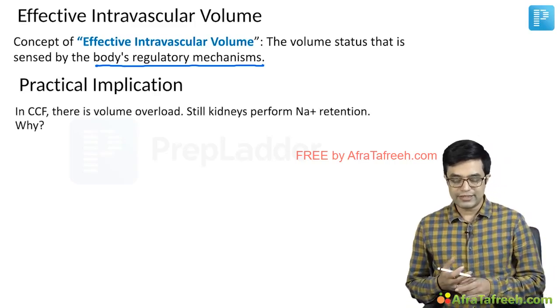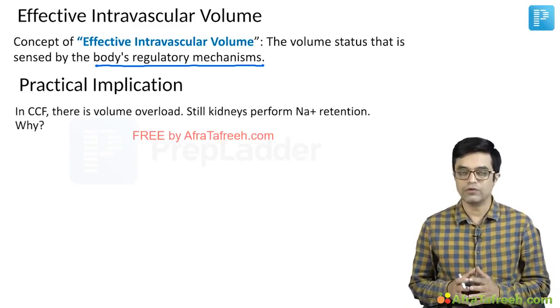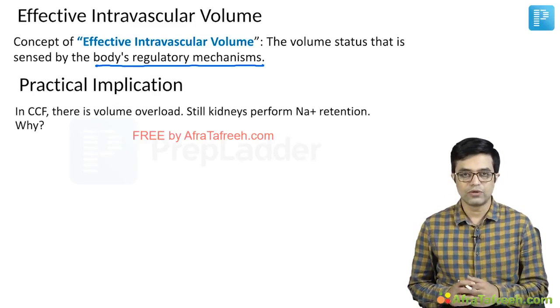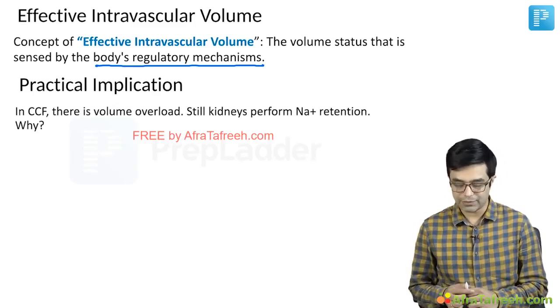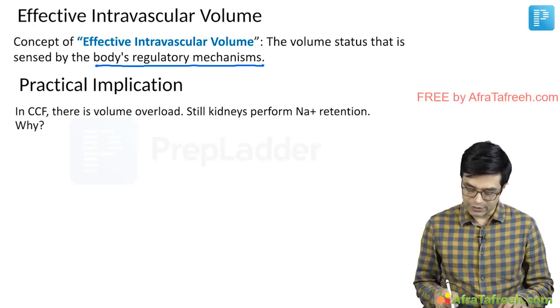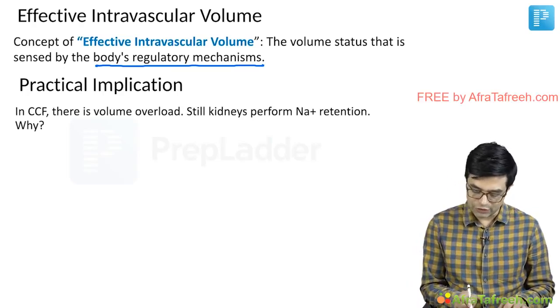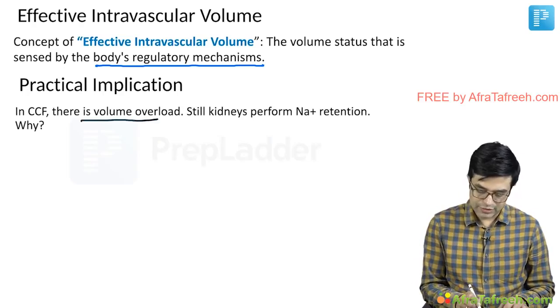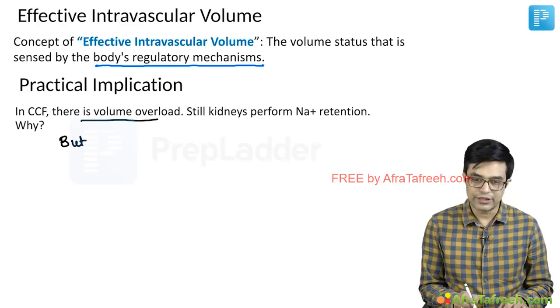What is the practical implication of this effective intravascular volume? You will find that in CCF, there is volume overload. So when there is volume overload, there should not be any sodium retention happening. But still the kidneys perform sodium retention. Why is it so? It is because although in CCF there is volume overload, the cardiac function is reduced.